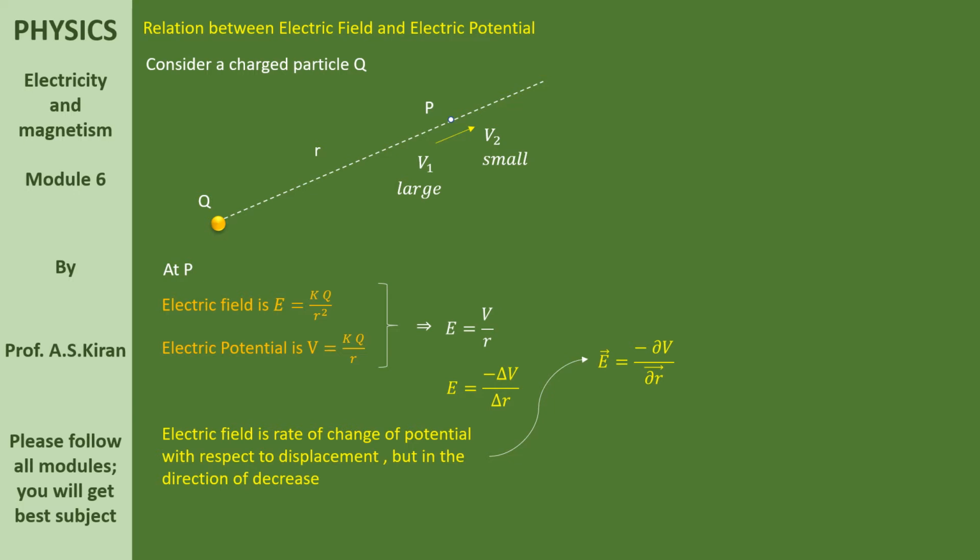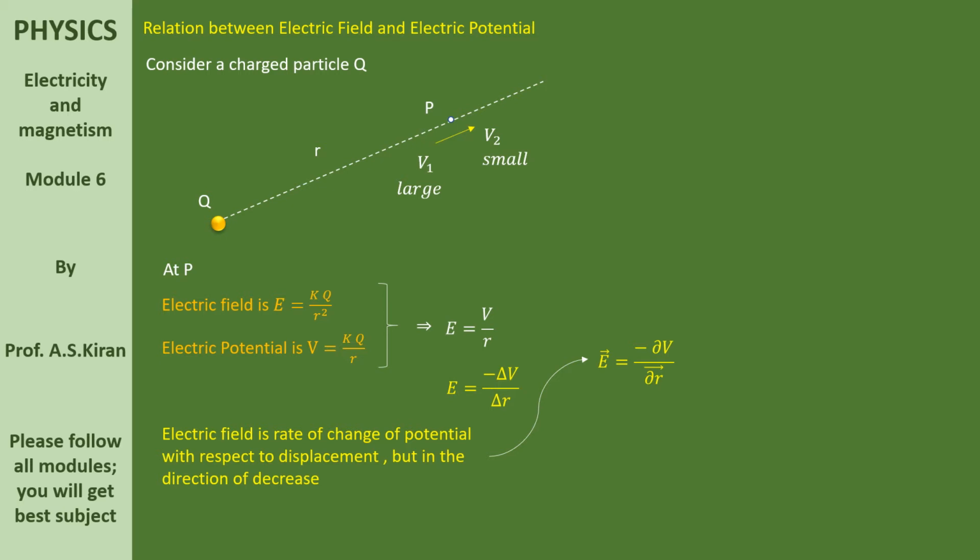E bar is equal to minus dou V by dou R. Of course, it is a partial differentiation with respect to R in a particular direction. Please remember, V is a scalar quantity, but R is a vector quantity.